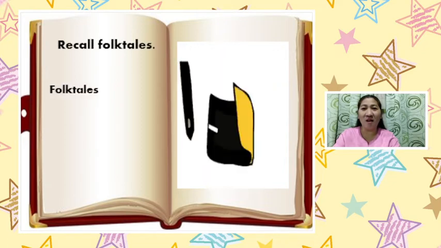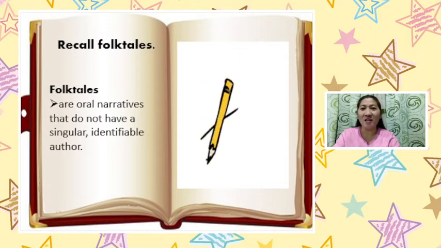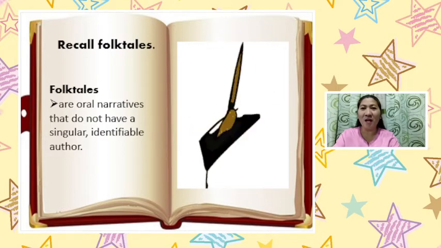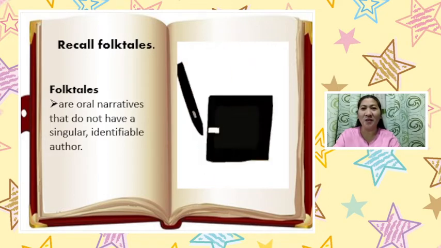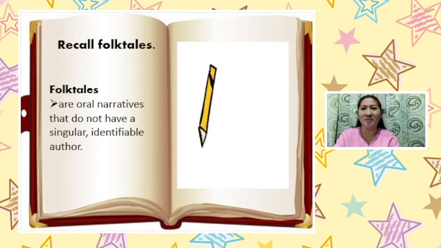Folk tales are oral narratives that do not have a singular identifiable author. Just like the story of The Soul of the Great Bell, written by Lafcadio Hearn. That is a Chinese folk tale.